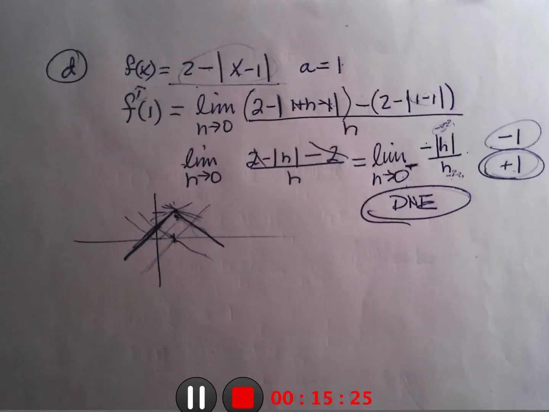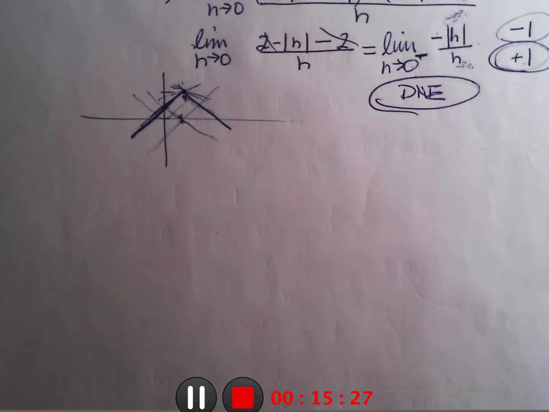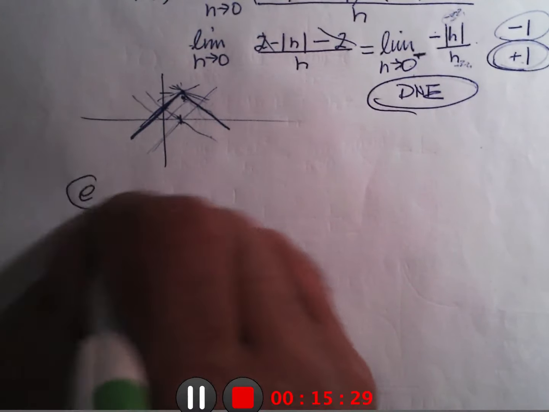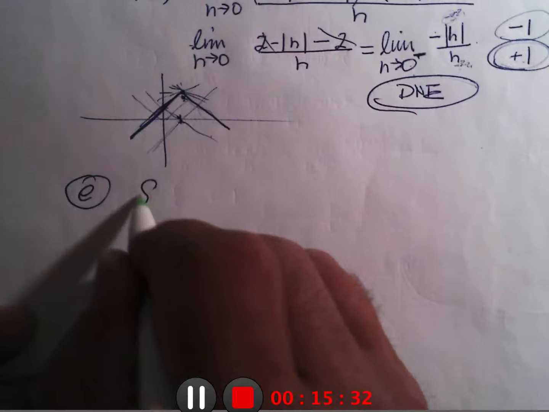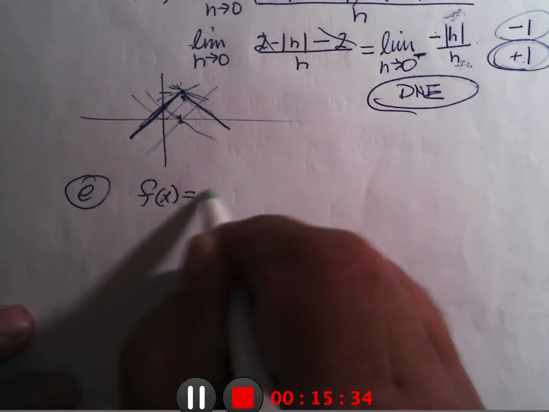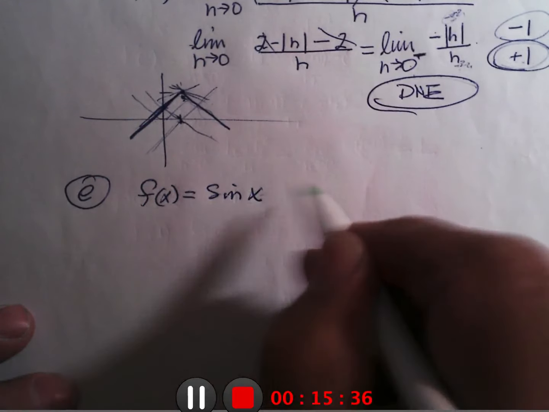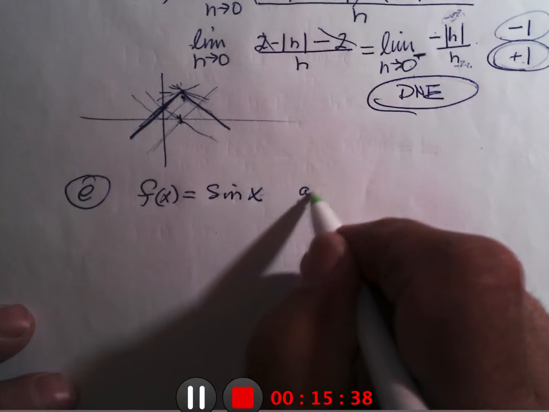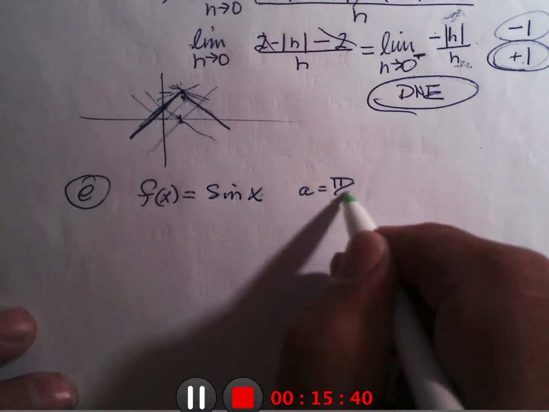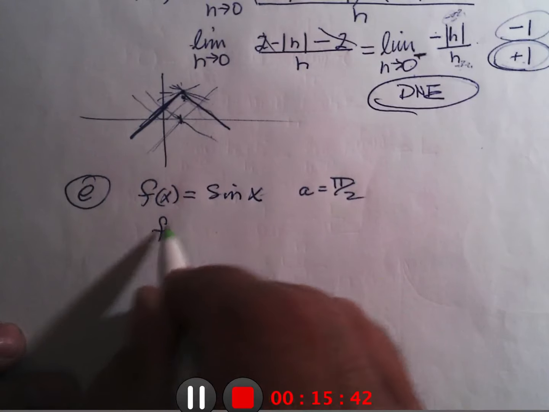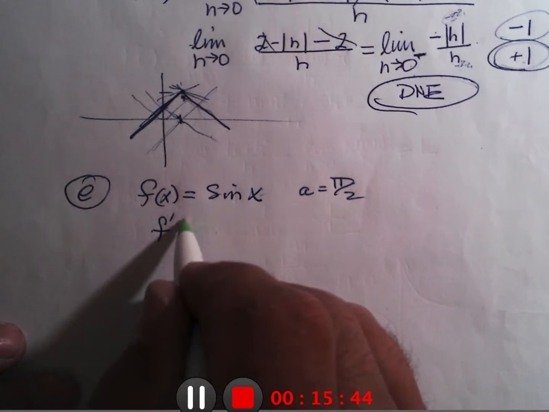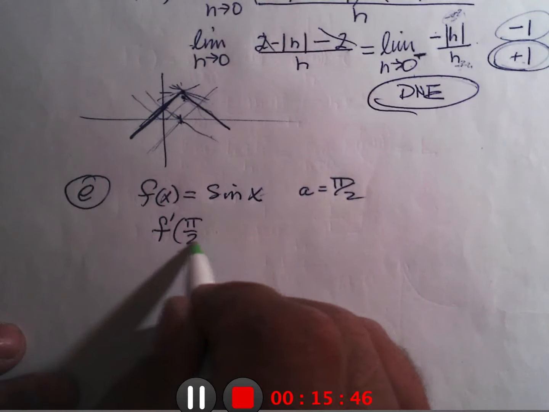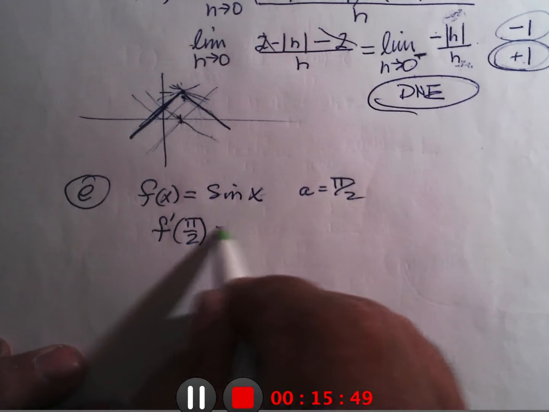All right. And E, the last one. F of x equals sine x and A equals pi over 2. So we're trying to find the slope of the tangent line at pi over 2, which is going to have this definition.